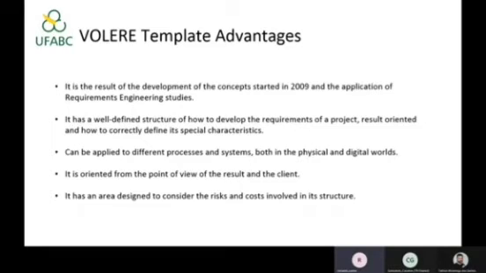It can be applied to different processes and systems, both in the physical and digital worlds. It's oriented from the point of view of the result and the client, and it has an area designed to consider the risks and costs involved in its structure.